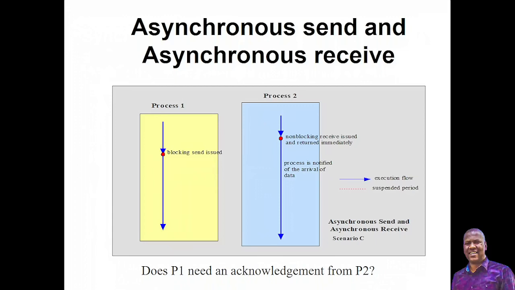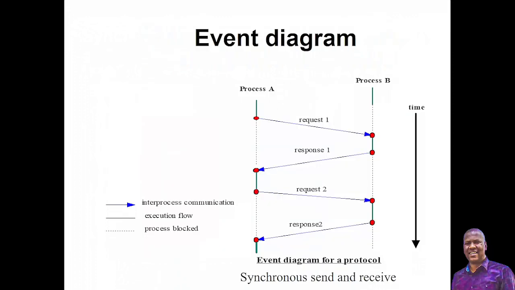Here the send is issued in process 1, but it doesn't need an acknowledgement. Where there's an asynchronous send and receive, there is no acknowledgement. This brings on board the concept I was trying to tell you about, how UDP communicates asynchronously. This is what is being shown here.